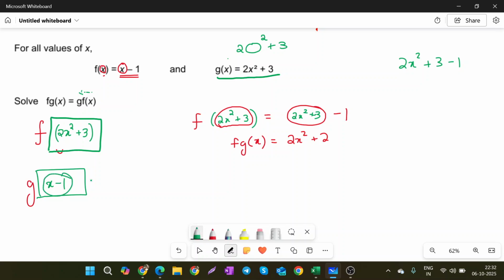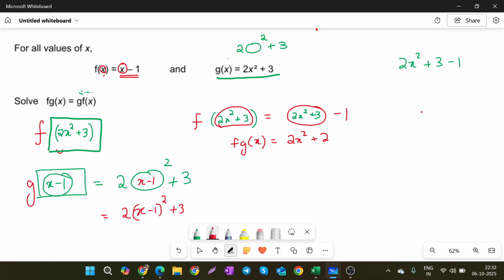Take that, square it, times that by 2, and then add 3. What is that thing? That is your x minus 1. So we're going to do x minus 1 squared, times that by 2 and then add 3. Most people miss that whole squared. You need to square that entire thing.